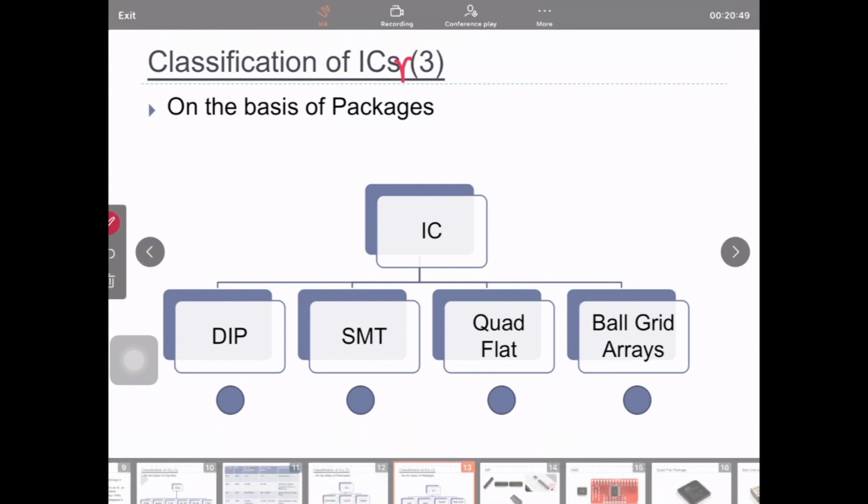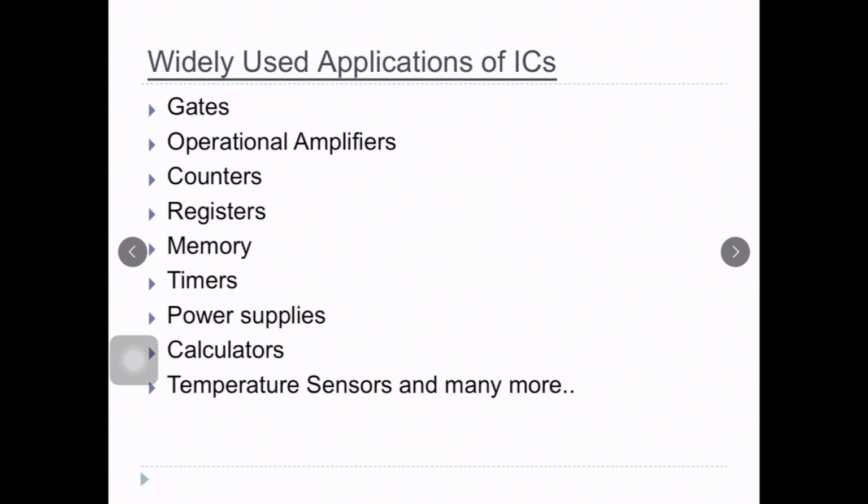Next comes the widely used applications of these ICs. Now we have very well understood the ICs. What are ICs? The circuit is not visible to the viewer. Only the pins are provided for making the connections for input and taking out the signal as output, and the circuit is not at all visible.